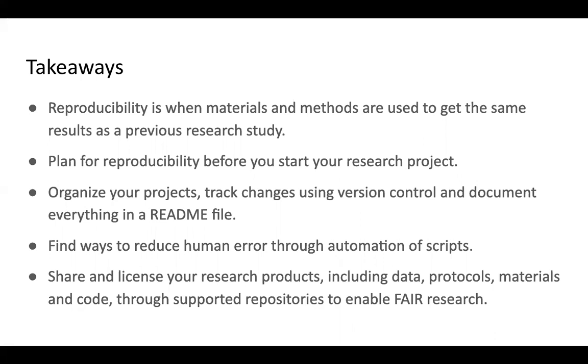Organize your projects, track changes using version control, and document everything in README files. Find ways to reduce human error through automation of scripts and document all software versions and code used. And share and license your research products, including data, protocols, materials, and code through supported repositories to enable discovery, access, and reuse.